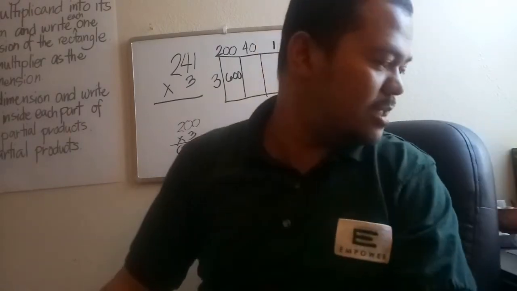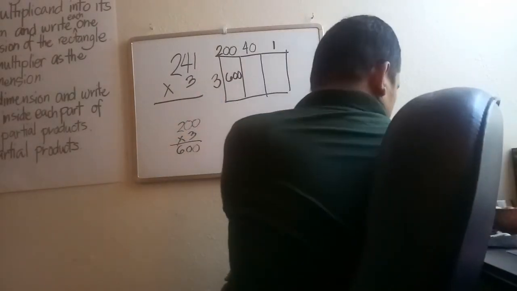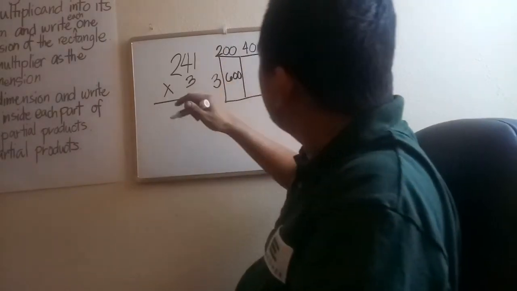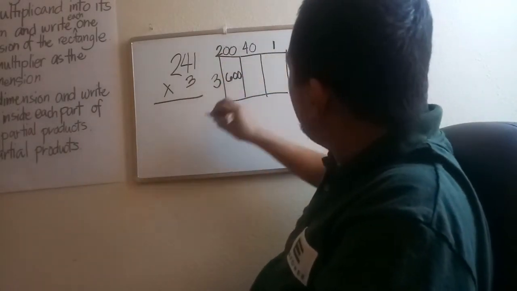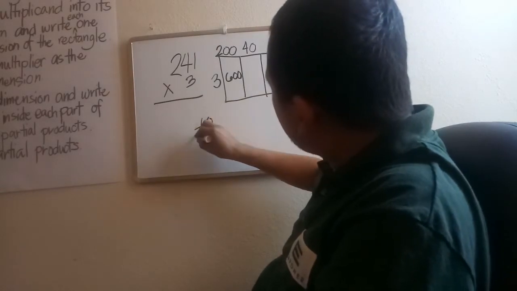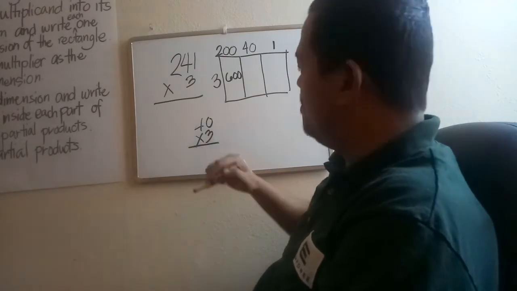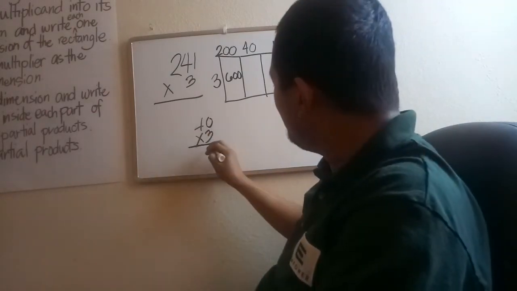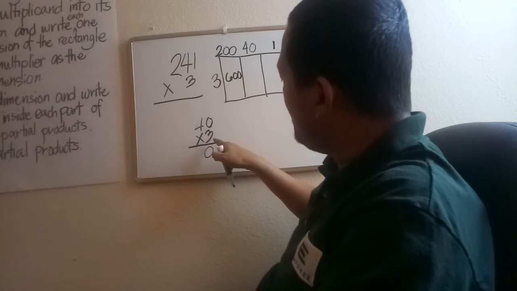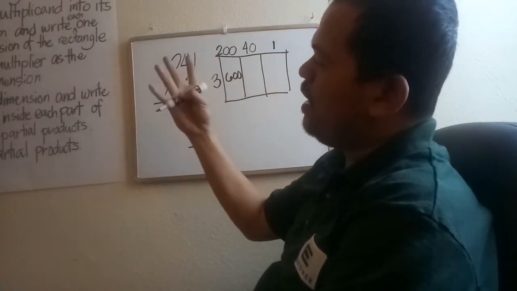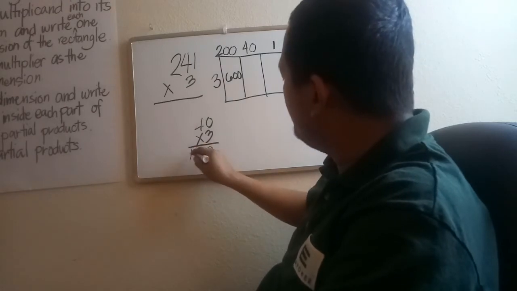Next, we got 3 times 40. So right here 40 times 3. How many zeros can you see? Only 1, right? Then multiply. 3 times 4 equals 3, 6, 9, 12. The answer is 12.